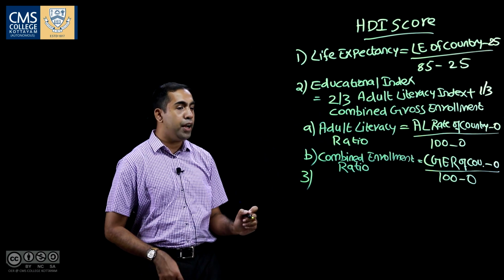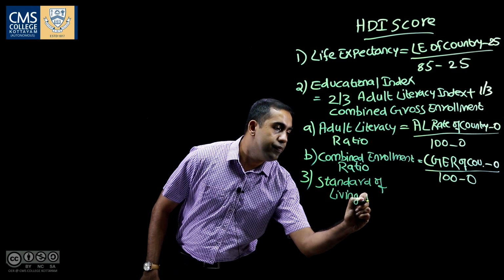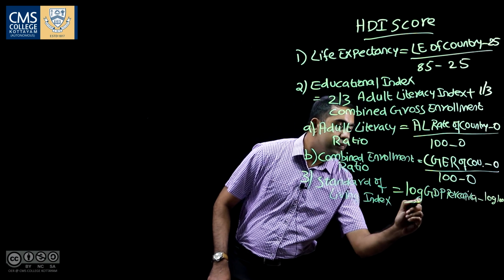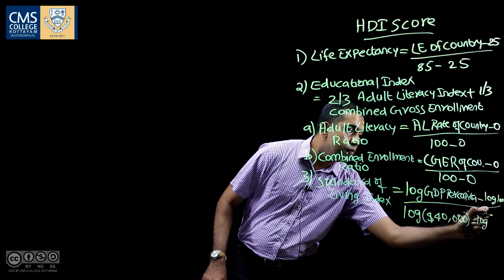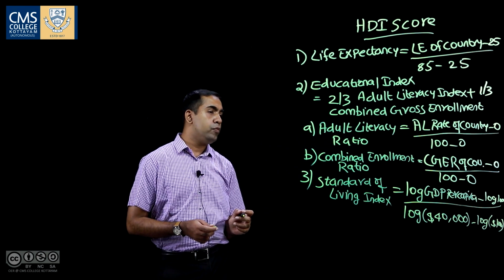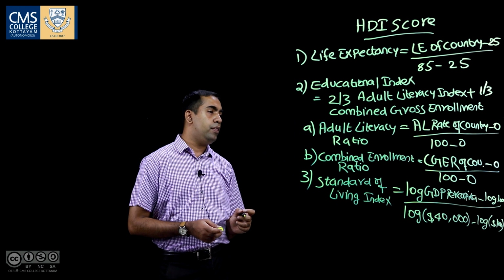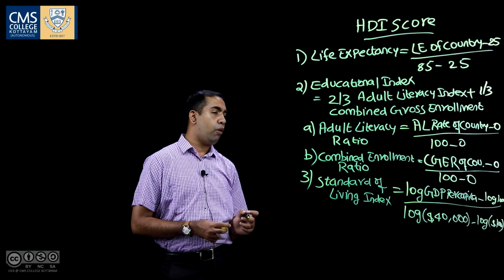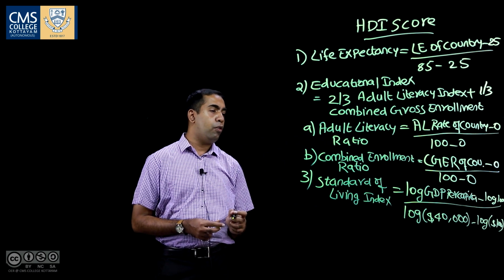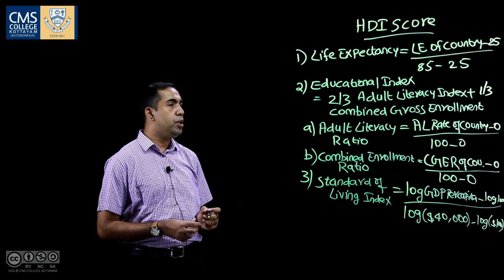Third one is the standard of living index. Regarding the standard of living index, the calculation is based on logarithm: log GDP per capita of the specified country minus the minimum value of log $100, the whole divided by the range, that is log $40,000, the maximum value, minus log $100, the minimum value.